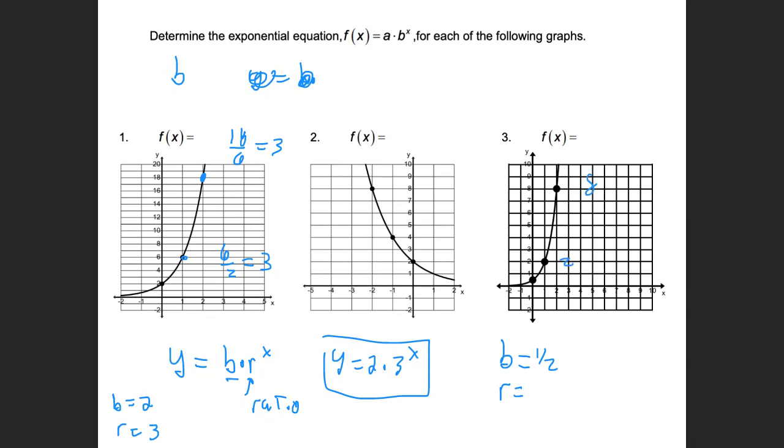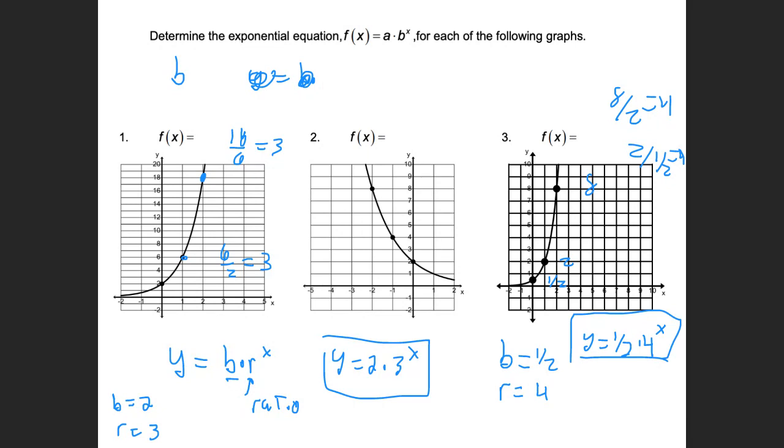This looks like it's at 2. This looks like it's at 1/2. So the ratio, 8 divided by 2 is 4. 2 divided by 1/2 is 4. The ratio has to be the same, or else it's really messed up. So now I have where it crosses the y-axis, my ratio, easy to write an equation. Y is equal to 1/2 times 4 to the x power. Done. Over and out.